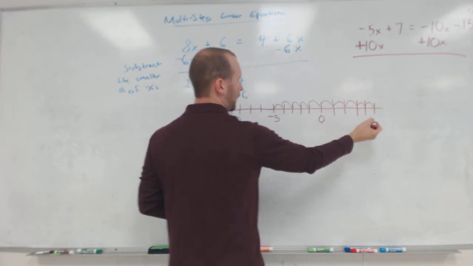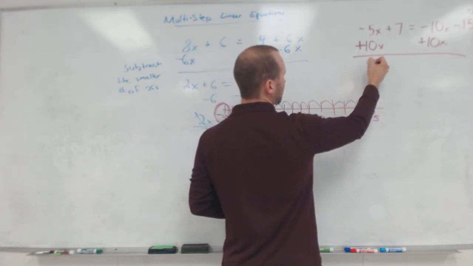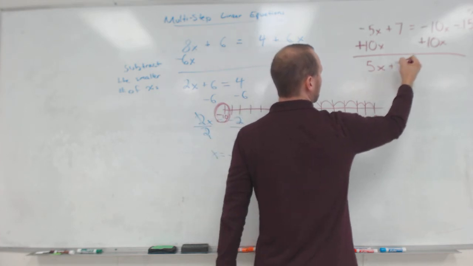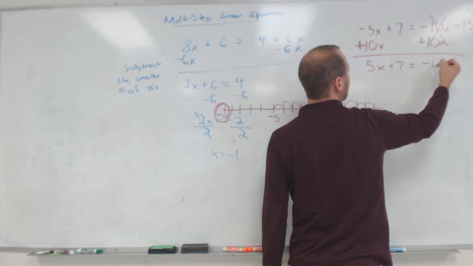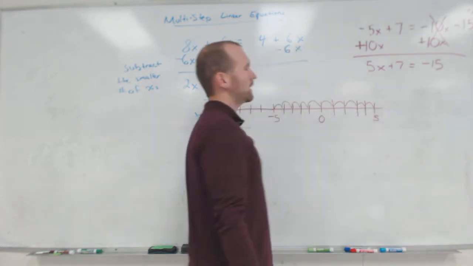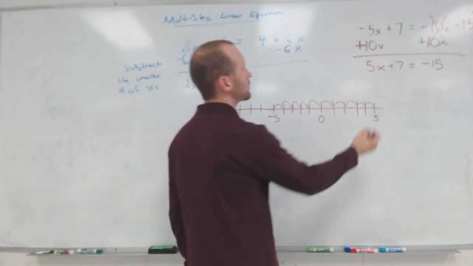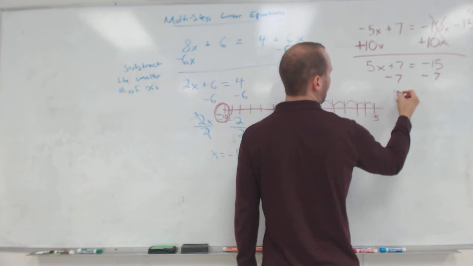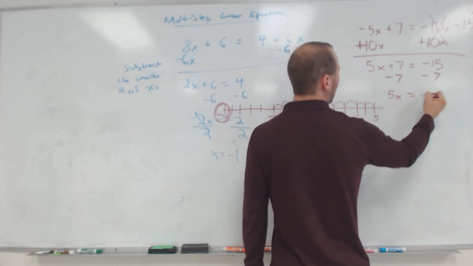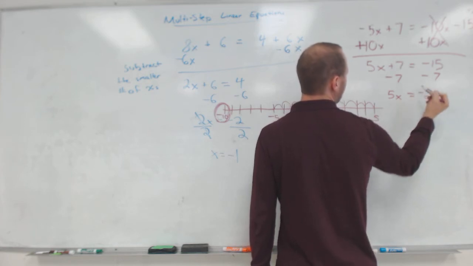Just 5. It's a positive 5x. This cancels. That's the whole reason that we did this. Okay, what's our next step? Subtract 7. Which is negative 22. It's a negative 22.